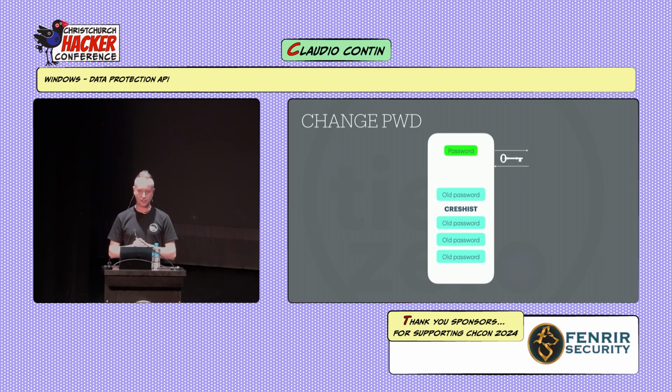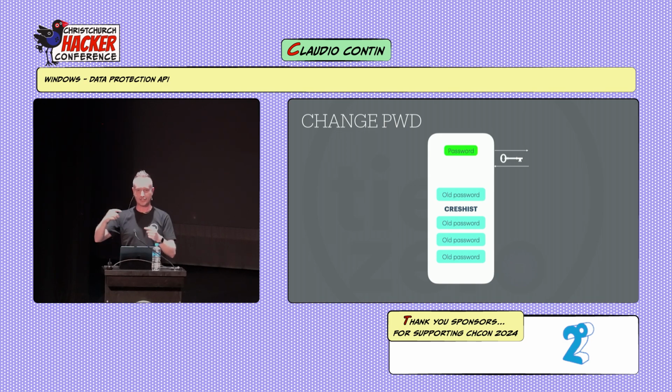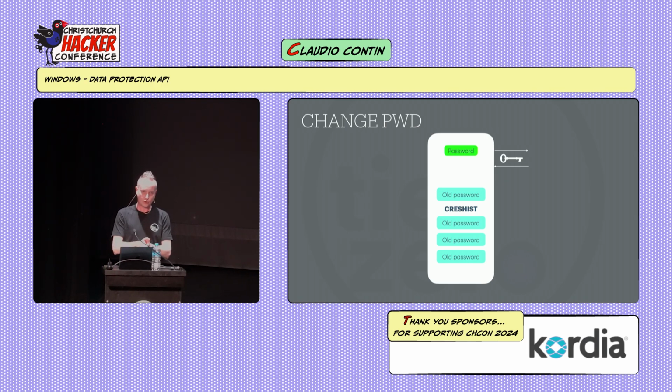When the user changes their local account password on the machine, the DPAPI hooks into this process, and it stores the previous password in this CREDHIST file, using the new password to encrypt the file itself. The reason it needs to do this is that when it tries to decrypt one of the master keys and that fails, the DPAPI goes and tries all the previous user passwords, okay, which are stored in this particular file called CREDHIST.